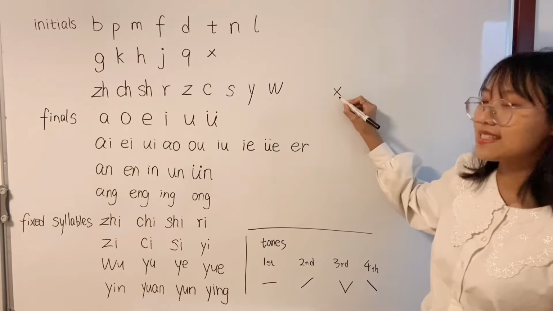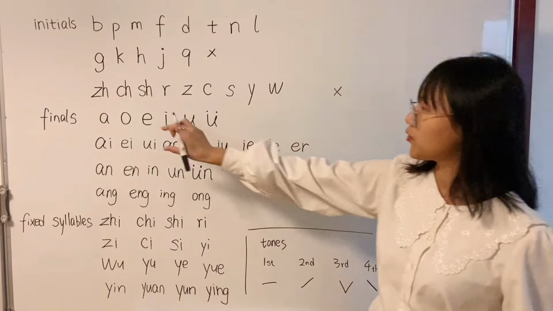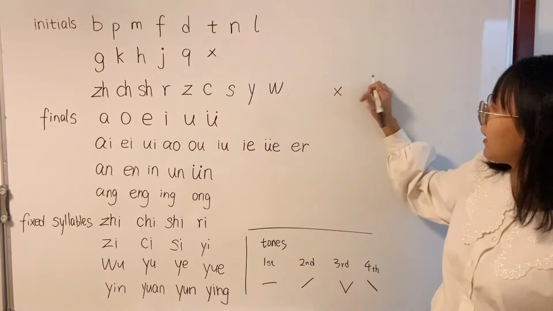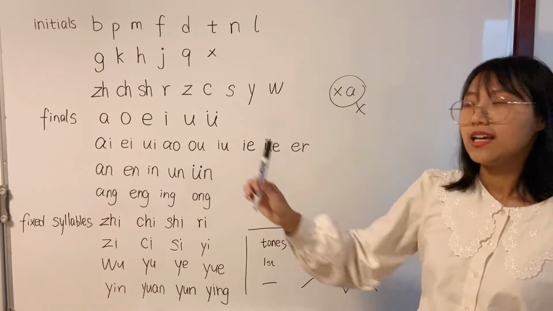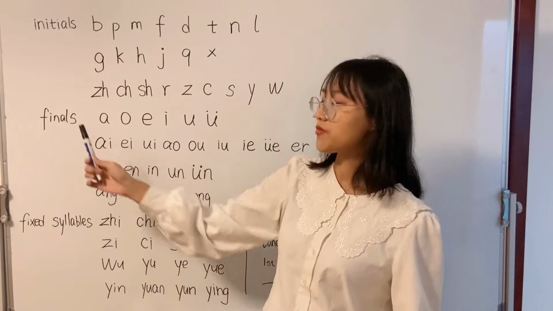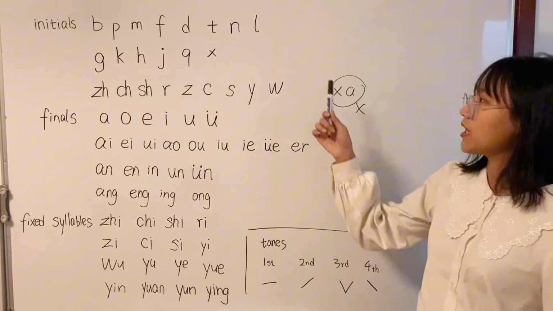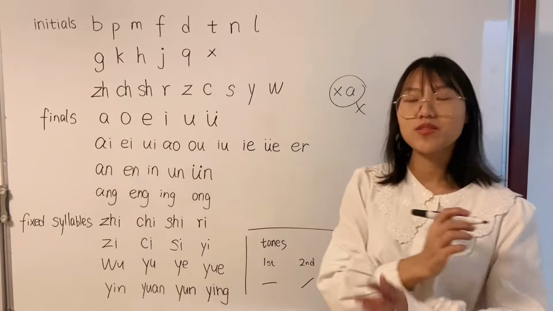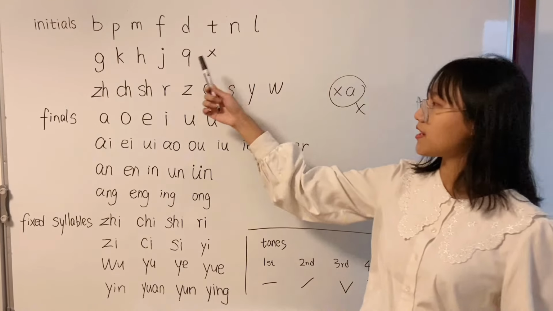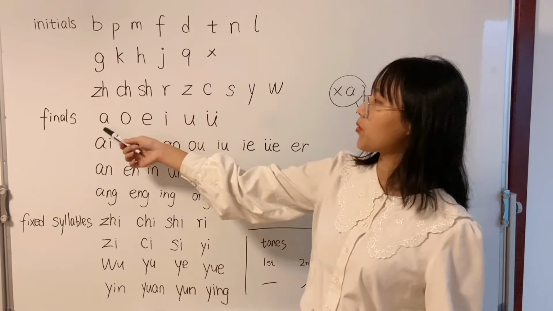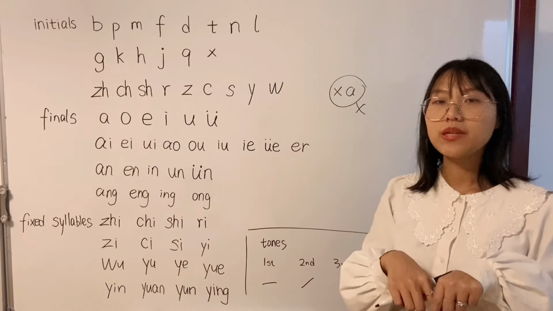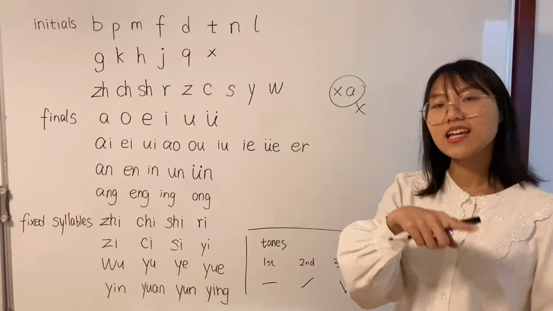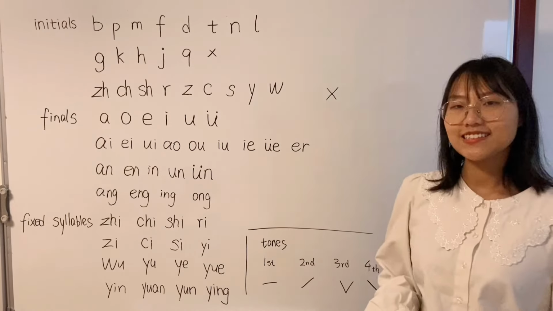Now let's get something else to try, like this one. This one is si. For example, if we put this, it cannot work, even though initials combine with finals. Sometimes if they combine together, it doesn't form a word. So it cannot be pronounced like this. So what you should do is grab the characters with the pinyin and then start reading and recognizing. And guess another one.